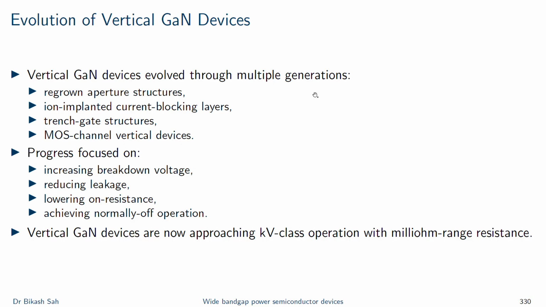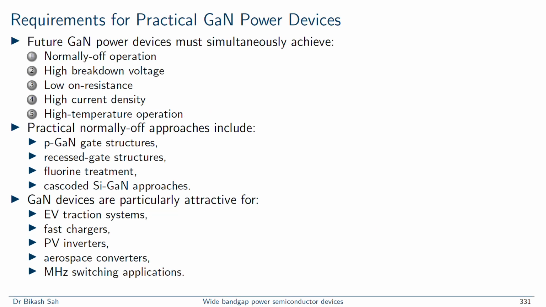Many things have been done around it, but the progress in general remains focused on a few major parts: increasing the breakdown voltage, reducing the leakage, lowering the on resistance, and achieving normally off operation. Vertical GaN devices in research are now approaching kilovolt class operation with milliohm range resistance, which is something that had not been established in the past at all.